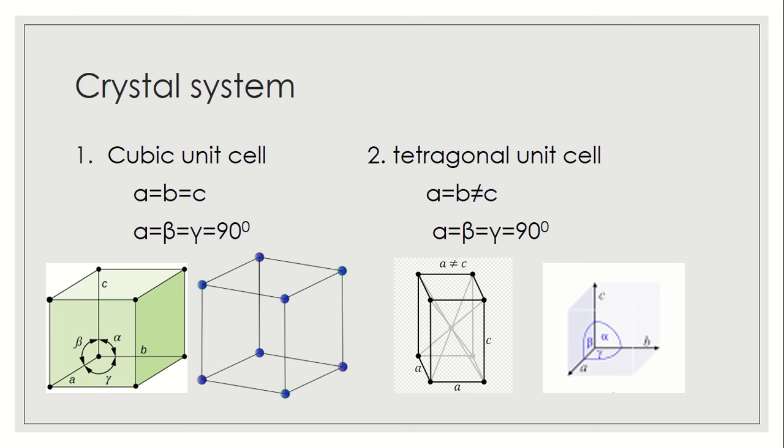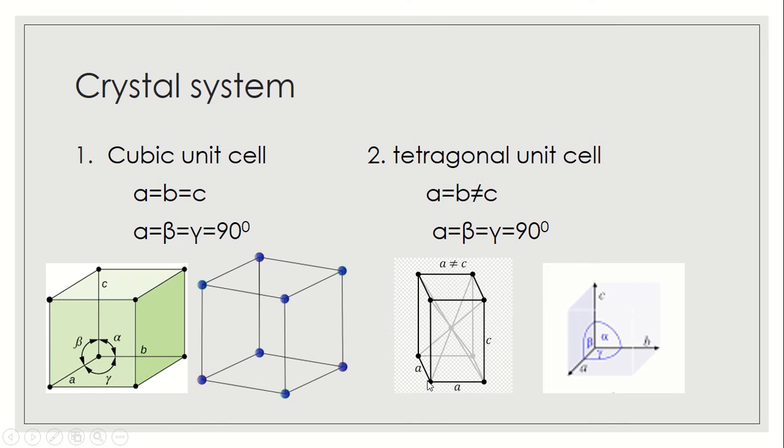Second one, the tetragonal unit cell. Here only 2 sides are equal. A is equal to B, but A or B is not equal to C. C will have a different value. You can notice this in this diagram.